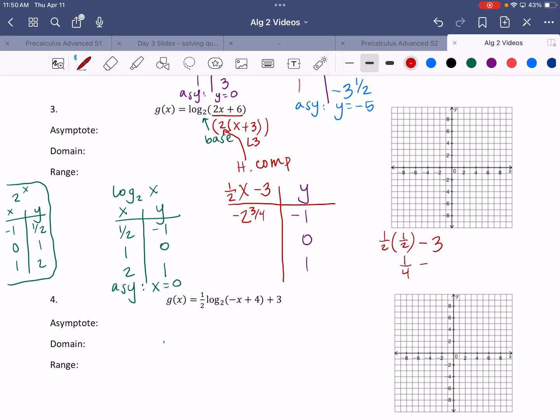Or you could change the 3 into 12/4 and change it back to a mixed number, as long as you can get there. That's the important part. If you'd rather do decimals, that's fine. And then plug in a 1, so 1/2 - 3, -2.5. Plug in a 2, it would be 1 - 3.